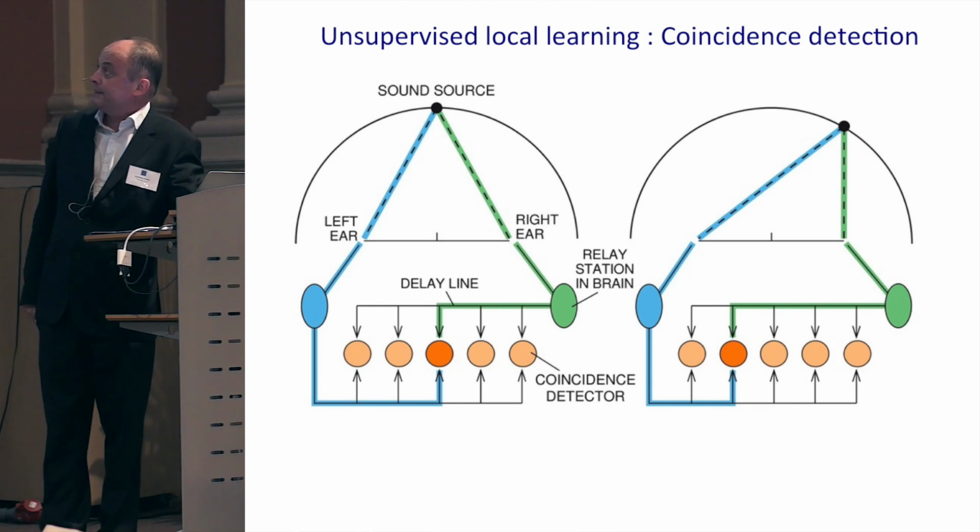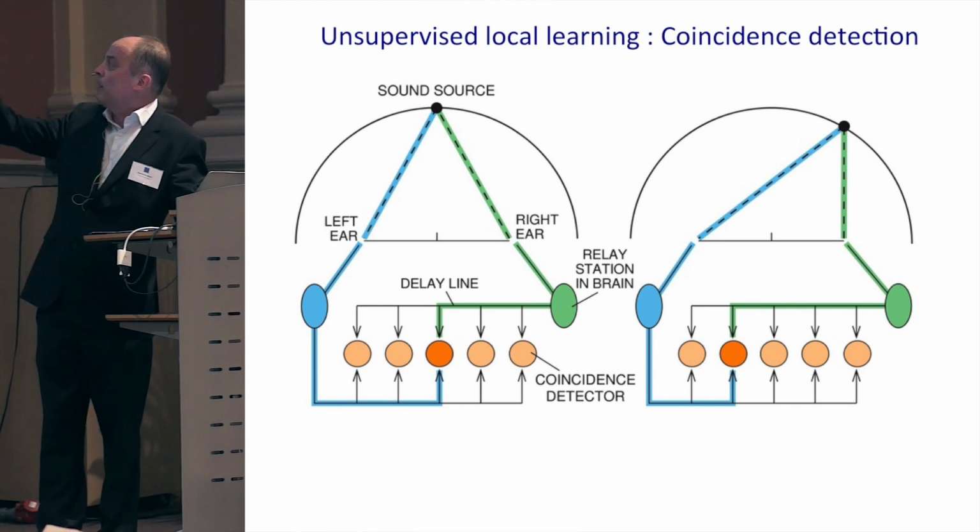And what we see here, how it works, basically there's a flight time to the right and the left ear. In the right picture here, the flight time to the right ear is short and to the left ear is long because the mouse or whatever is on the right side of the body.